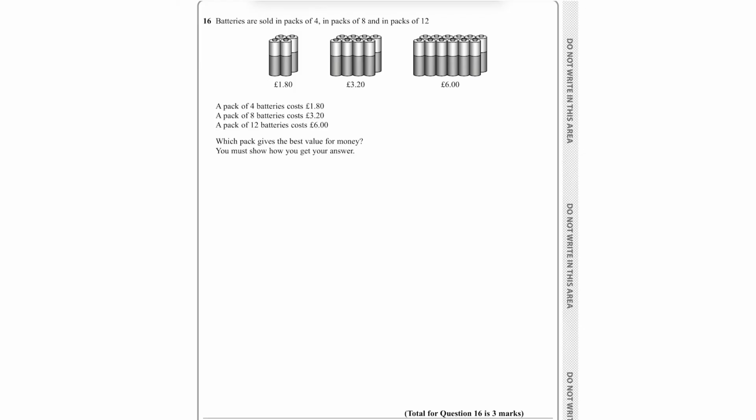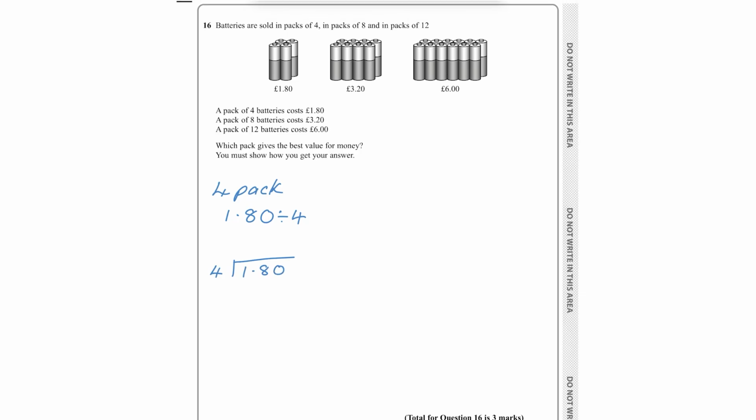We'll start with the 4 pack. And we're going to do 1.80 divided by 4. So we do our division with bus stop. We've got a decimal to be working with. So 1.80 goes in the bus stop, 4 on the outside. 4's into 1 goes 0. Put the decimal point in the same place and carry that 1 there. And 4's into 18.